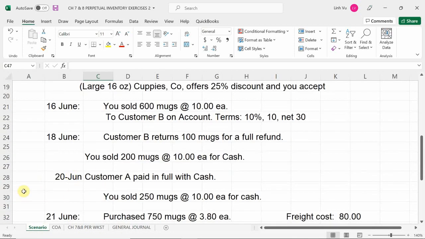So then when we come back, we just dive right into the 20th. In this case, we end up selling 200 mugs at $10 each for cash.